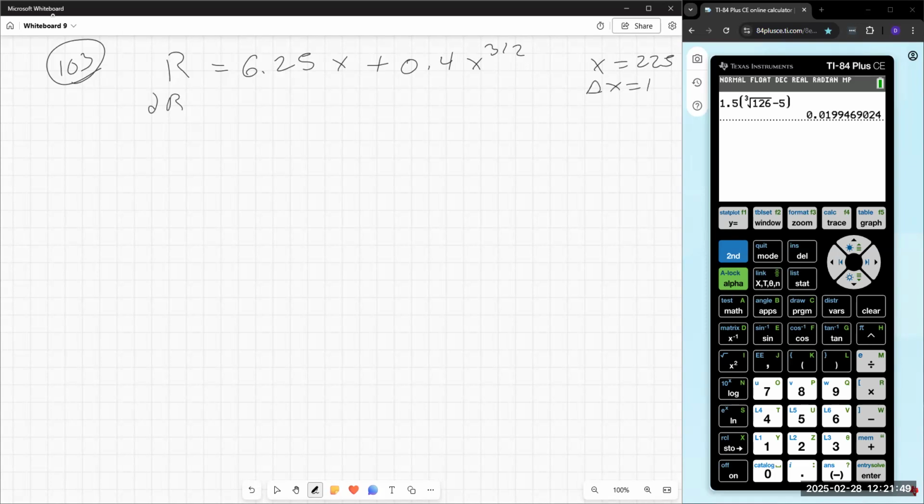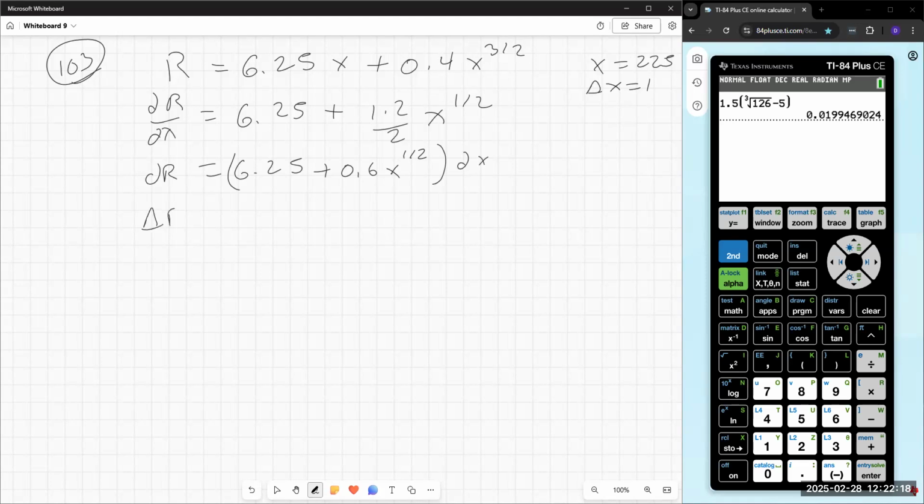So dR/dx is 6.25 plus 1.2 over 2, x to the 1/2. dR is 6.25 plus 0.6 x to the 1/2 times dx.